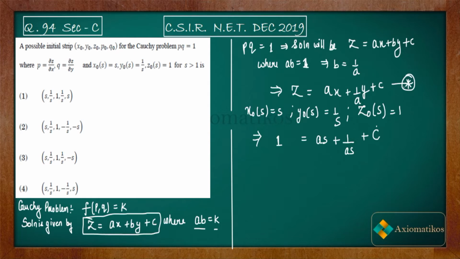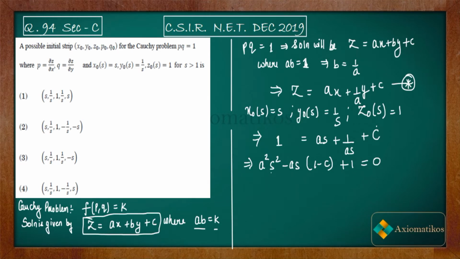So we want to find a. I will take c on the left hand side and then multiply with as on both sides. Then we will get this equation: a squared s squared minus as (1 minus c) plus 1. Don't worry about it, it's just a simple calculation. Now we are getting this.